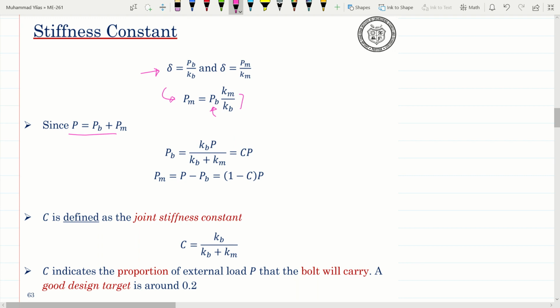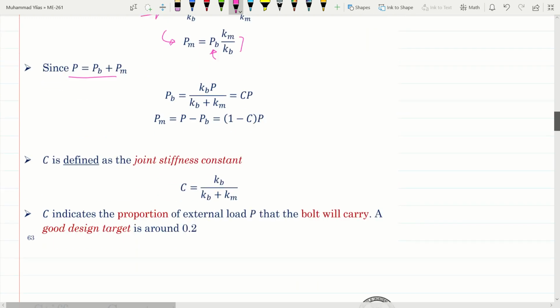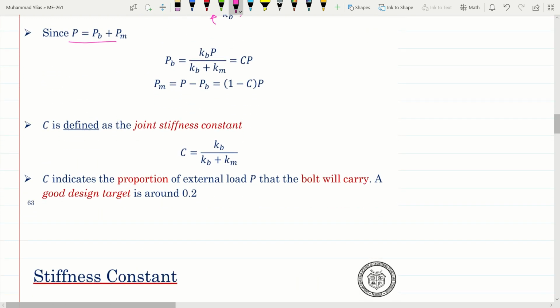Then we try to bring in the total load carried by the bolts and the members, and we define this joint stiffness constant in terms of stiffnesses of the bolt and the members.